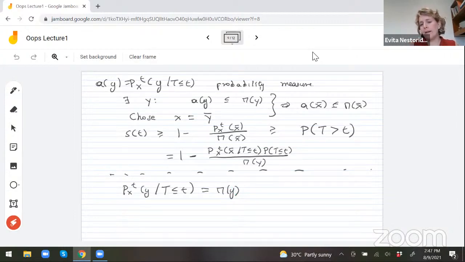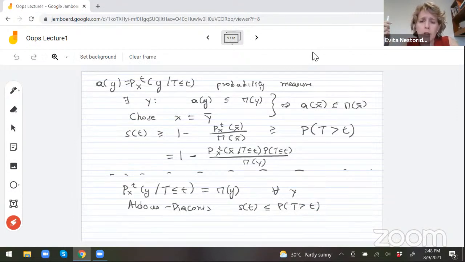This, in fact, gives us the equality, not just this one side that I gave you, because whenever we have such a property for every x and y, this is called the strong stationary time. And the main lemma of Aldous and Diaconis, just to complete the picture, says that whenever you have something like this, the separation distance is actually bounded by the tails of the stopping time from above as well.